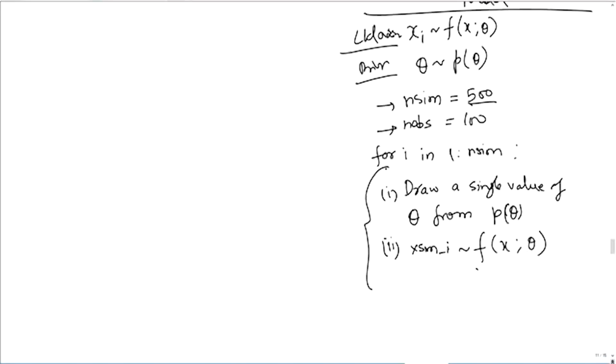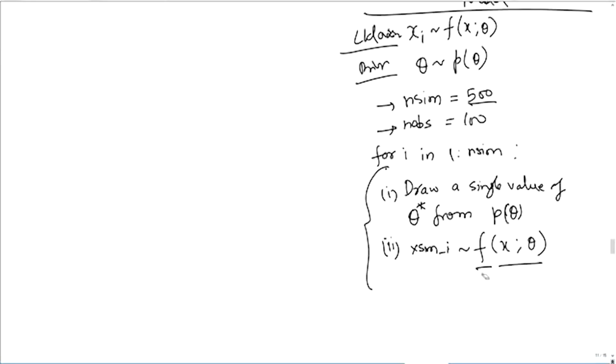For example, if your likelihood assumption is normal, then you can just use rnorm, and theta is given, let us say the point value is theta star. So you can use theta equals theta star and generate from rnorm, which is your likelihood assumption, right.